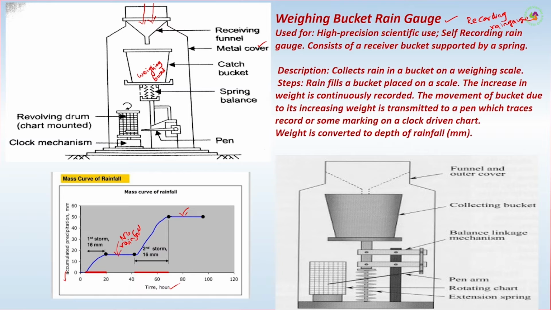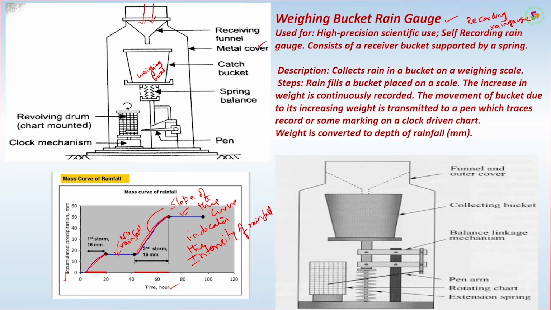Next, what does this curve indicate? The slope of this curve, any of these curves, indicates the intensity of rainfall. Please remember, the slope of this curve indicates the intensity of rainfall.